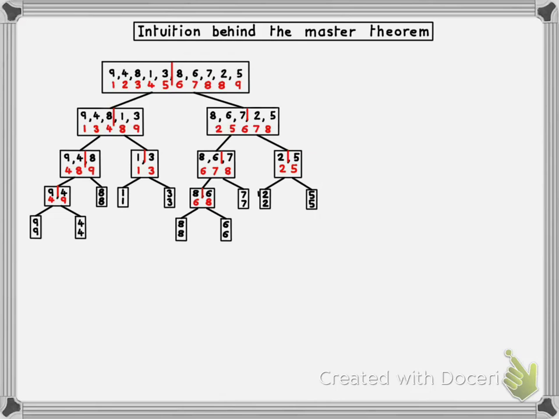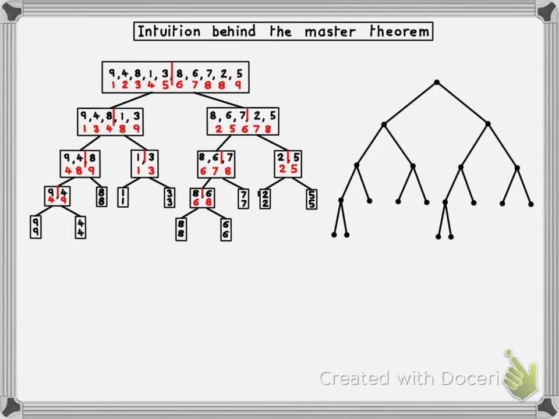So from now on, we're going to represent these recursion trees as follows, with a dot for each execution of the main body of the algorithm and edges representing recursive calls, all the way down to the base case executions of the algorithm.